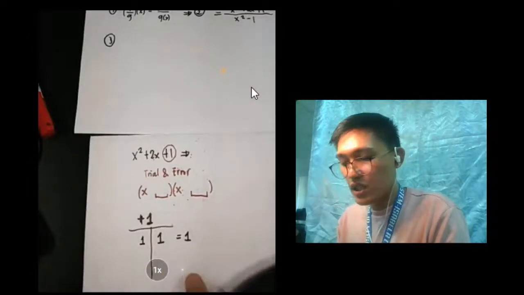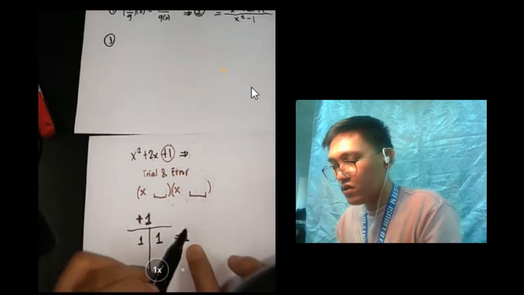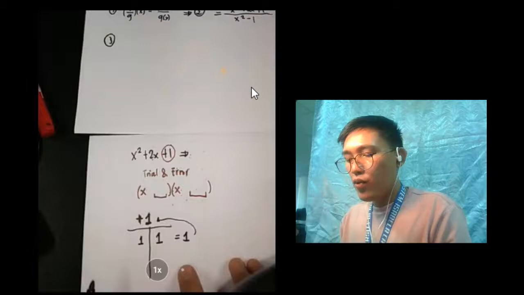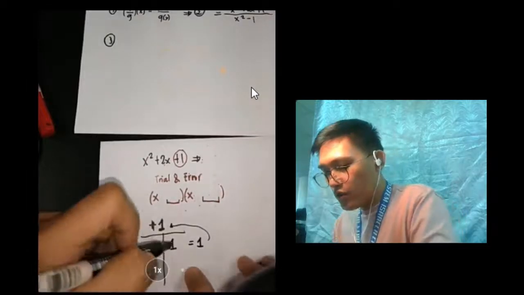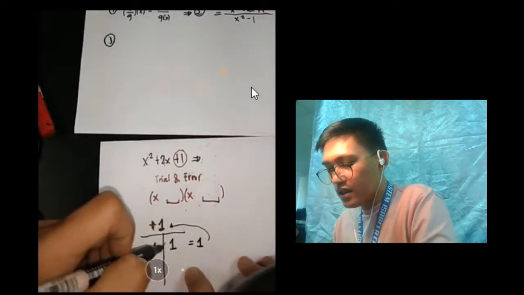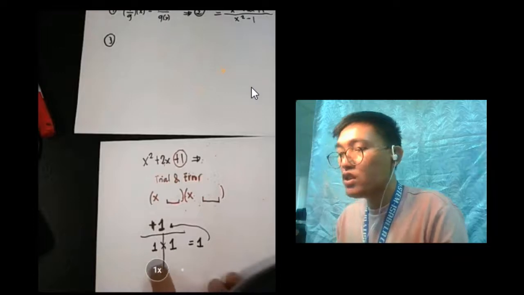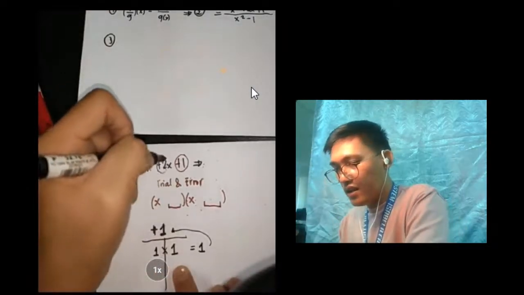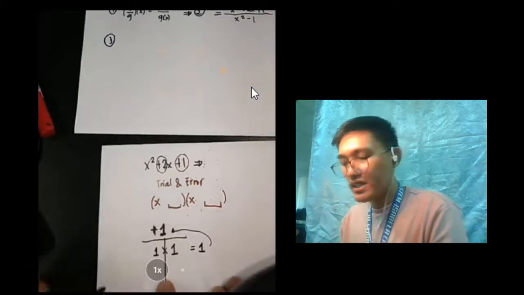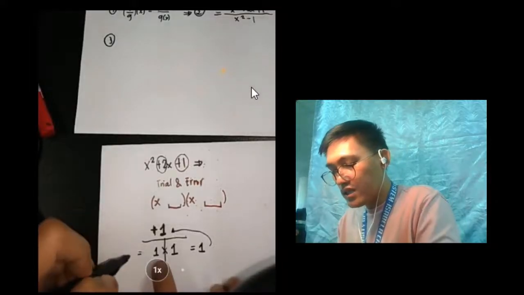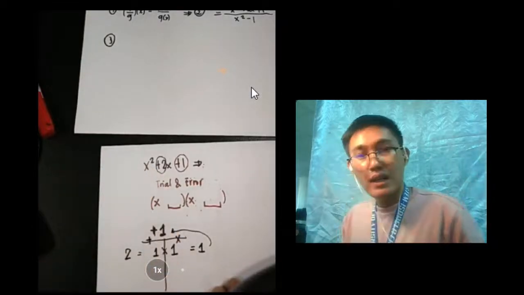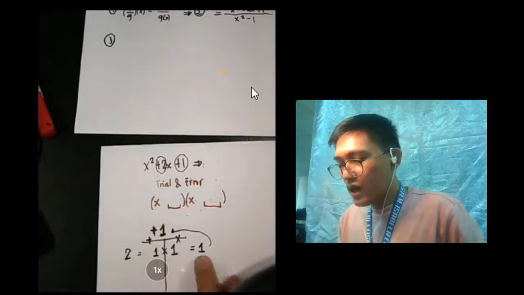So we got it. But when you add this, it should result to the middle number. So let us add. 1 plus 1 equals 2, right? This portion is times, this portion is plus. 1 times 1 is 1. 1 plus 1 is 2.